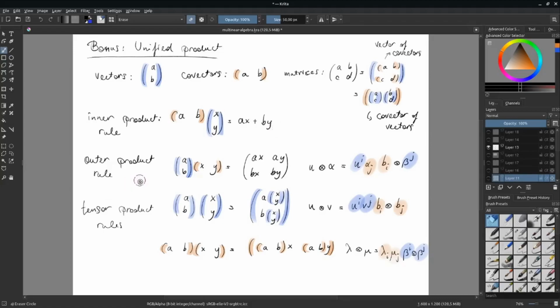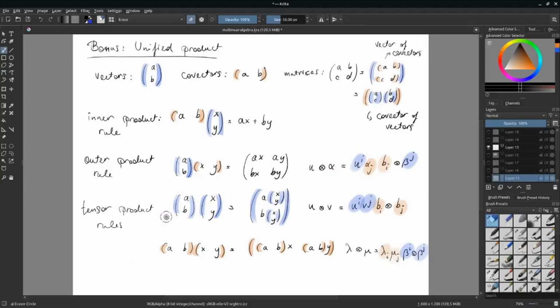Then the outer product rule: if I have a vector times a covector, that gives you a matrix, simply being bx ax, bx ay, by ax, by ay. And already this outer product rule fits in the tensor product, right? Because I have a one tensor, and I get a two tensor in the end. But note that we haven't formally defined what it means to take the tensor product of a vector and a dual vector.